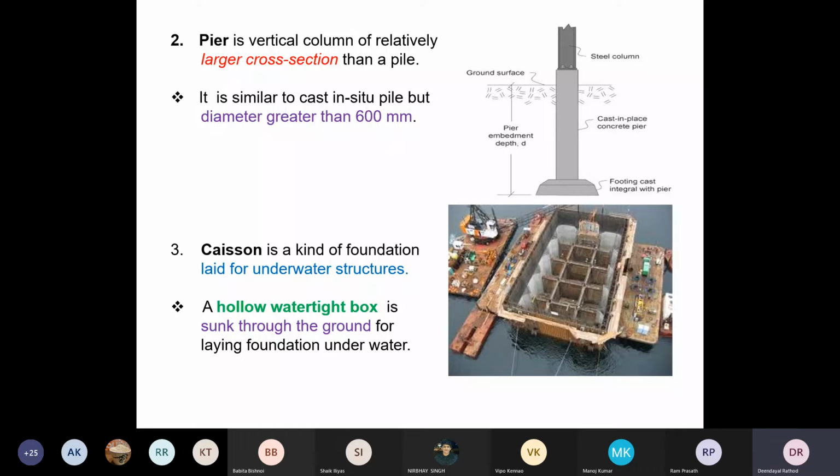After the concrete hardens, we remove this casing. That's how we generally do it in our bridges. Either we divert the water, or where still water is there, we can also construct this kind of foundation. A hollow watertight box is sunk through the ground for laying down the foundation. So these are the advanced foundations.